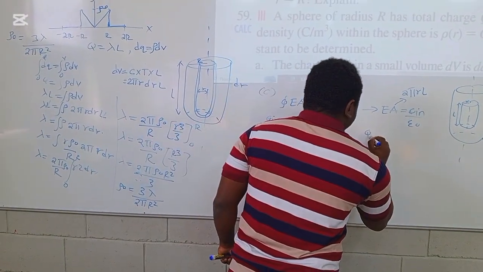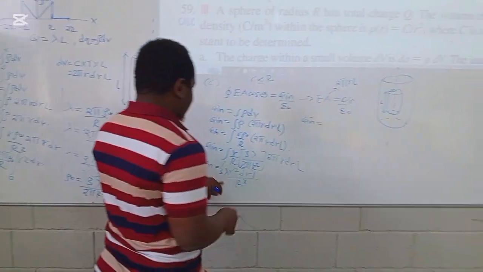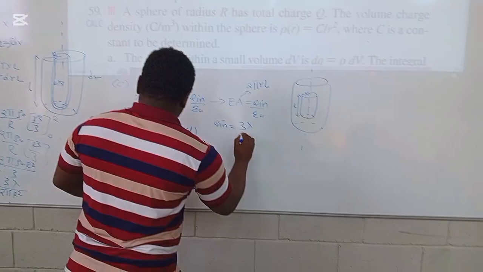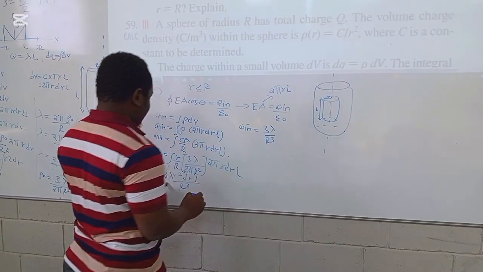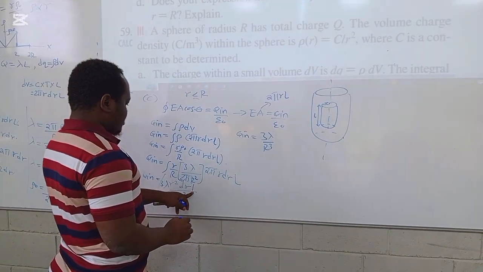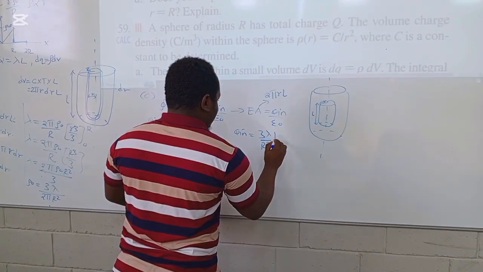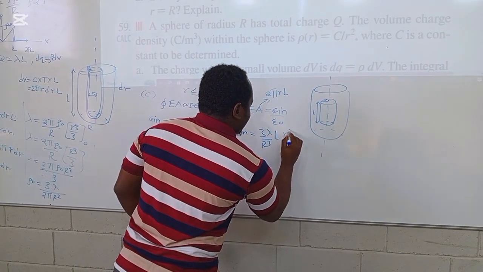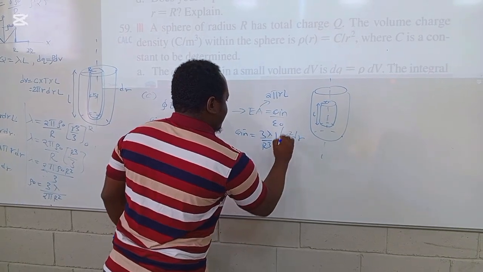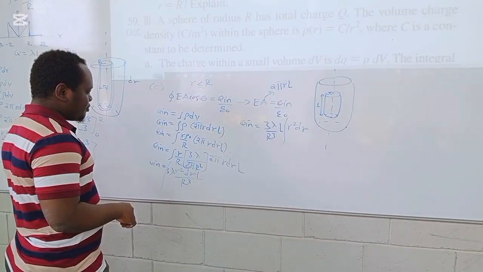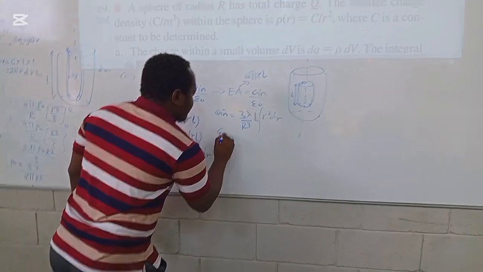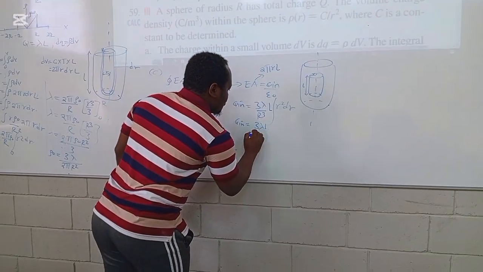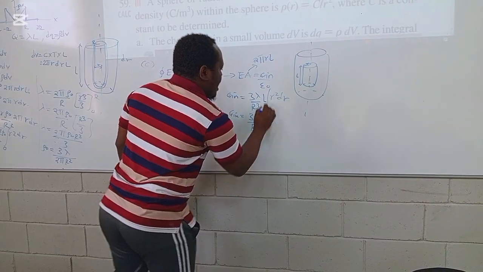Q in is equal to, removing the constants out, 3 lambda divided by R cubed, which is constant, and small l is also constant. What else is constant? We integrate r square dr. After that, Q in is equal to 3 lambda l small divided by R cube.